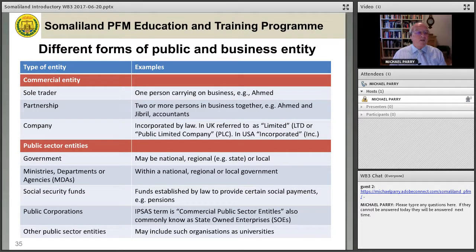Within a government, you will have ministries, departments, and agencies. Again, the structure varies between governments, but each of those can be an entity and have its own accounting system and produce its own accounts. You don't have in Somaliland, but there do exist in other countries, social security funds.